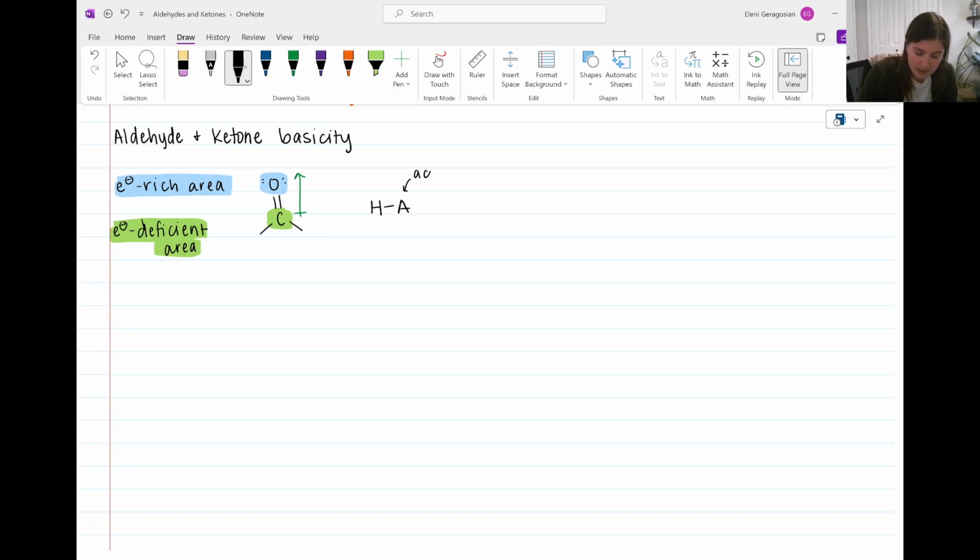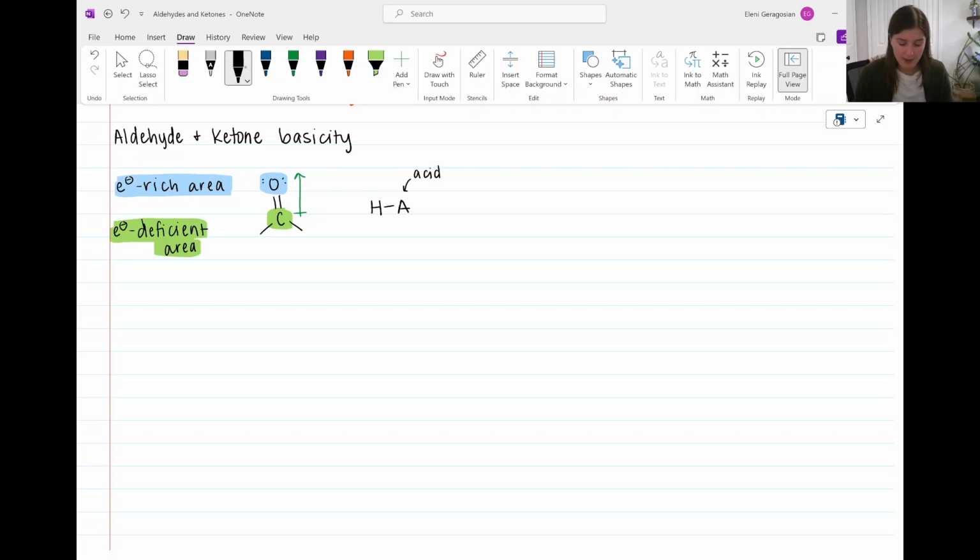A represents the acid molecule, and then H is the acidic proton in the molecule. Well, then that oxygen in the carbonyl from an aldehyde or a ketone can create a new bond to that proton from the acid, so long as the acid is strong enough to protonate an aldehyde or a ketone.